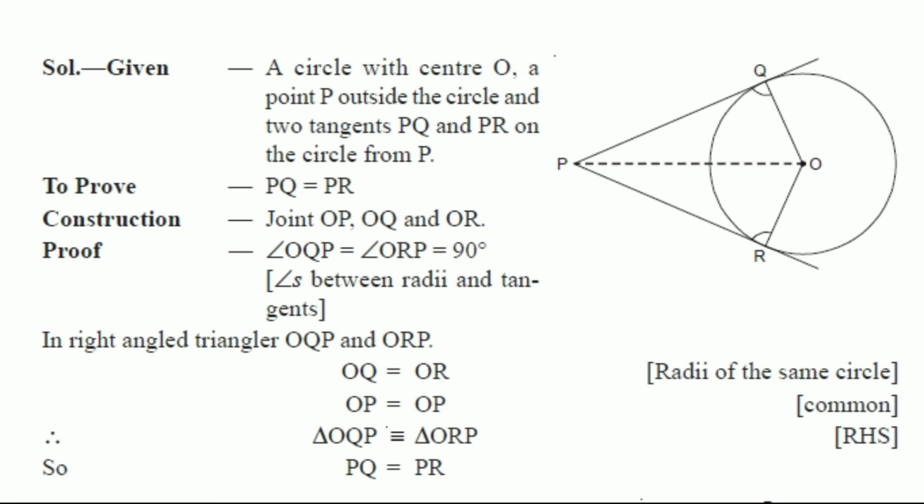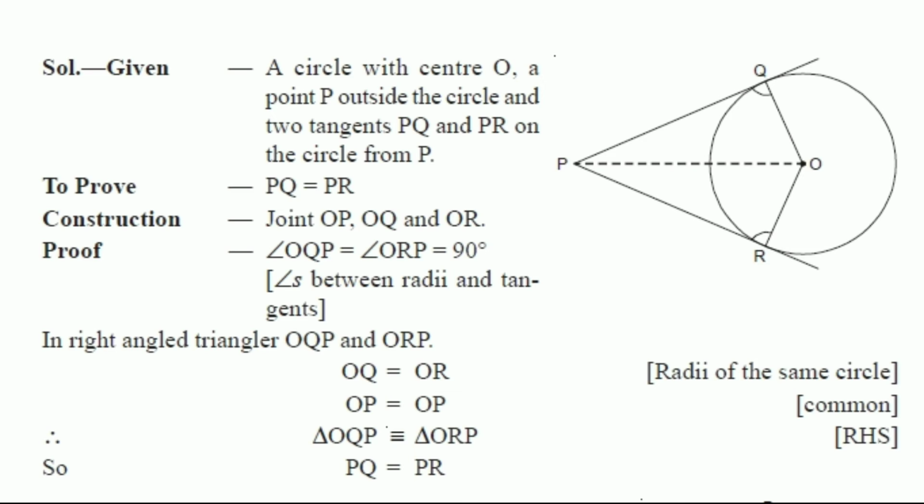Angle OQP is equal to angle ORP, each equal to 90 degrees. Why? Because OQ is the radius and PQ is the tangent line, and in our previous video we have already learnt that the tangent line is always perpendicular to the radius of the circle.